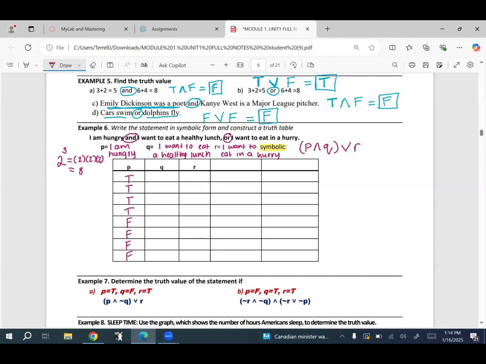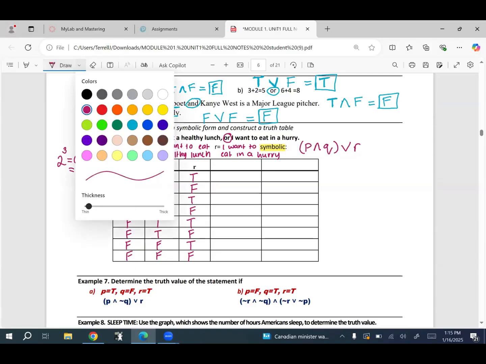But because I have an R after, I can't do true, false, true, false. I'm going to double alternate, which means true, true, false, false, true, true, false, false. And then on this next column, I'll alternate true, false. This is just a way that I found that is a very quick way of capturing all the possibilities here.